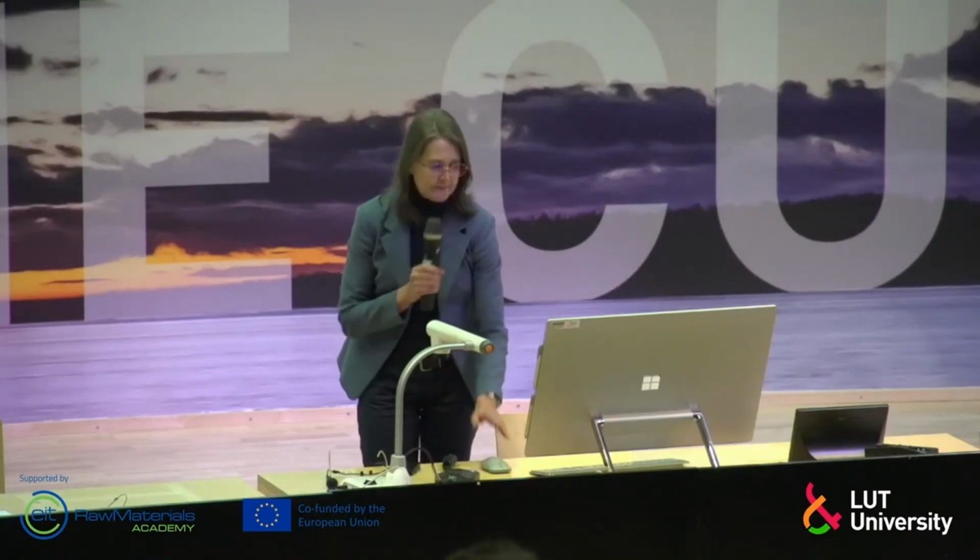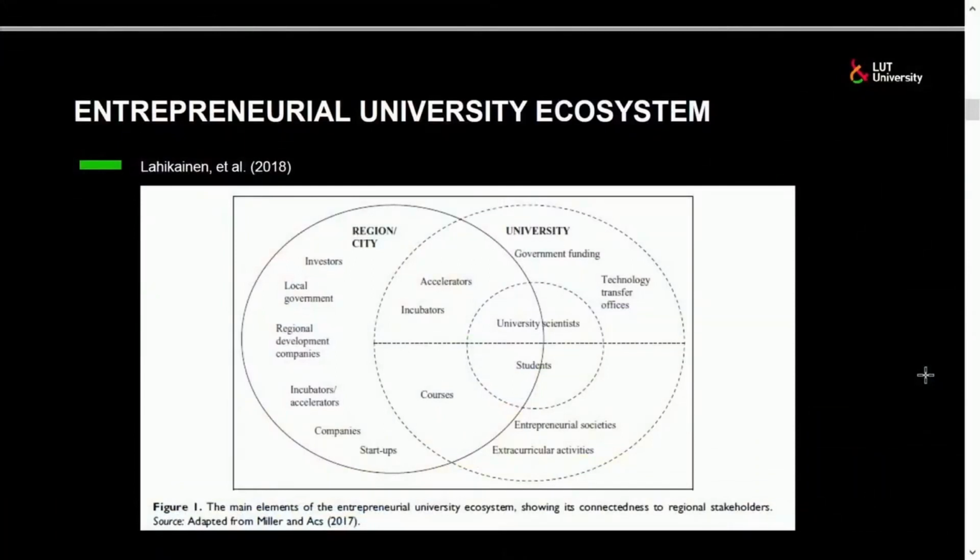And this picture here describes the university-based entrepreneurship ecosystem. This is very simple picture and I use this a lot in my research. It very clearly describes the position of a university and different functions that university has and how it overlaps to the regional or city level entrepreneurship ecosystem.